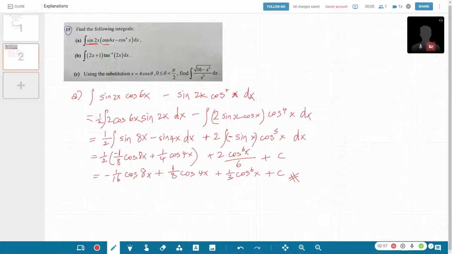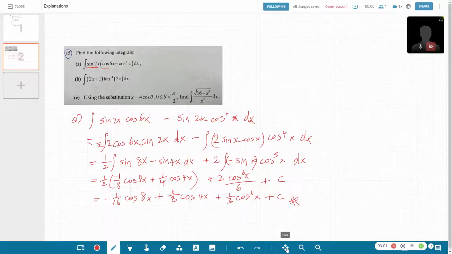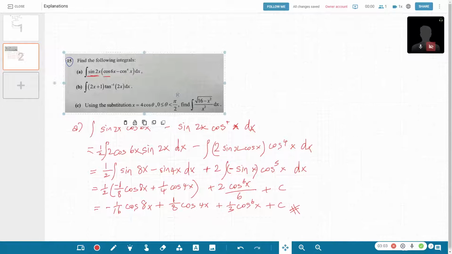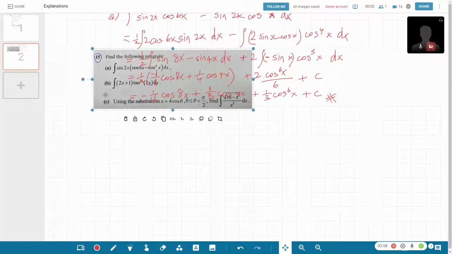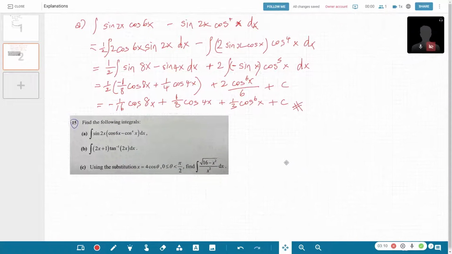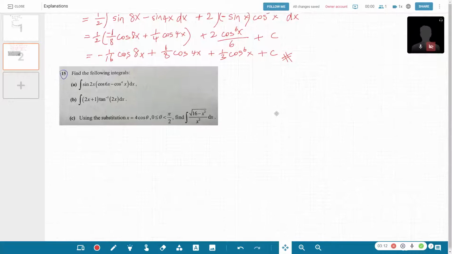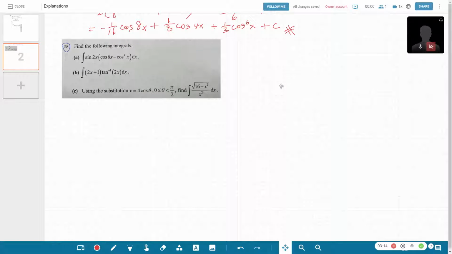Now for part B, let me just shift this diagram down. For part B, change to blue color. This is going to be an integration by parts question.